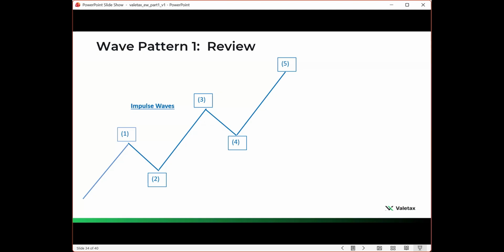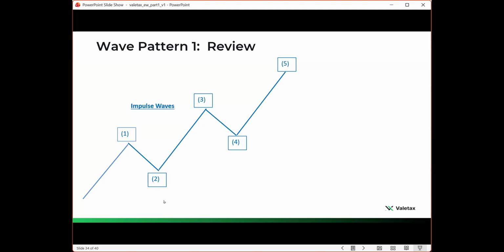So let's go through what we discussed last time in the workshop. Pretty much the base here is wave one. Everything that's been happening in wave one is, the majority of the time, a consolidation pattern. Then what happens? You pull back. This pullback here is not a Fibonacci relationship at all.